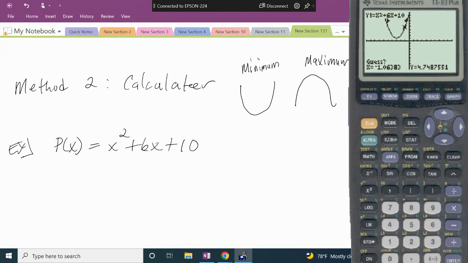And notice it should pop up another sideways triangle, but this time it falls to the right of your vertex. It asks for a guess. So for a guess, I'm not moving to the left or to the right or anything. I'm simply going to hit enter again. And it should give you the coordinates for the vertex.